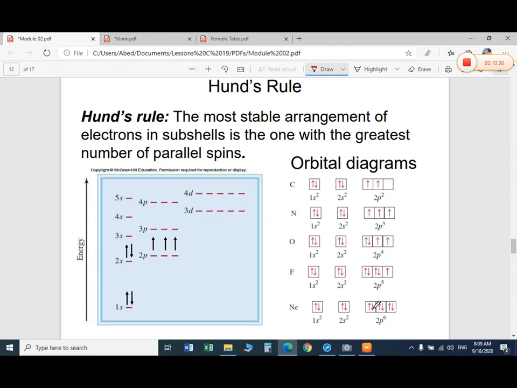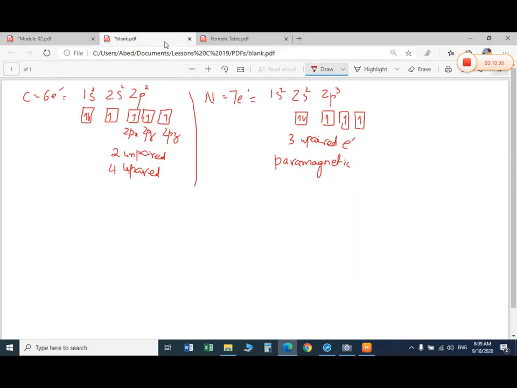This will be diamagnetic because there is no unpaired electron. So let me draw this neon for you to understand more. Now I'll draw the neon with the 10 electrons. Neon, 10 electrons, configuration will be 1s2, 2s2, 2p6, and you need not draw 1s2, just draw 2s2.